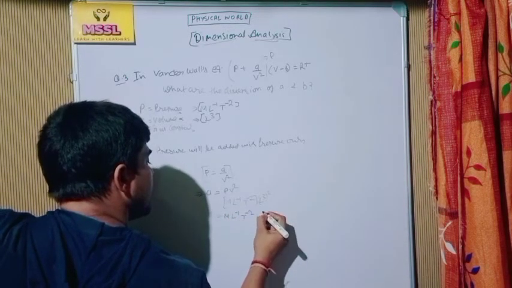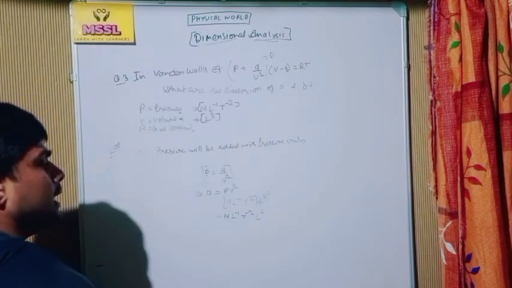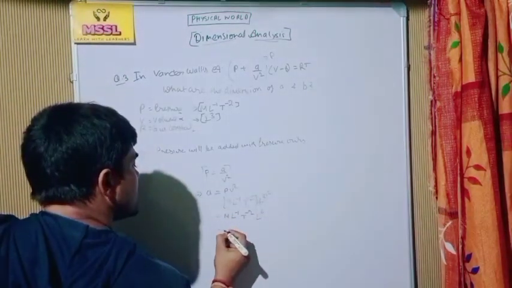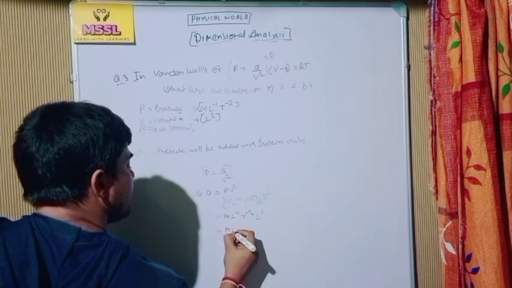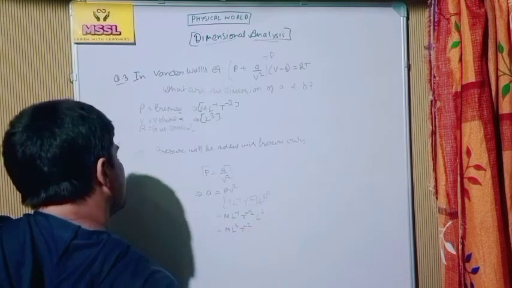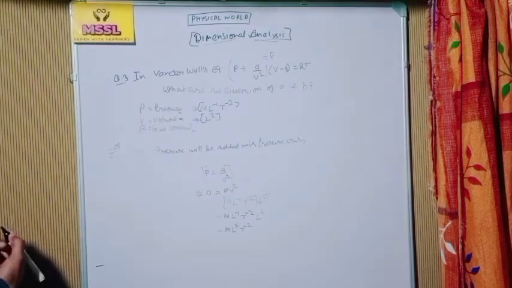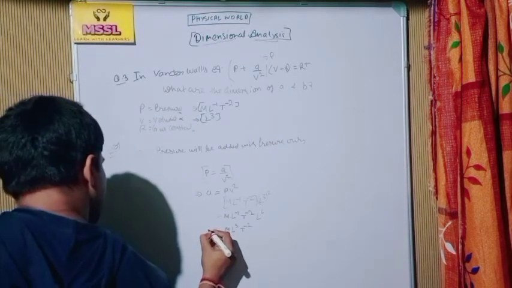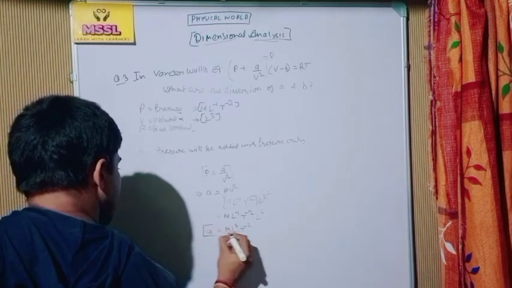And V square, so V is L cube and its square is L 6. Let's simplify this: M L minus 1 T minus 2 times L 6, so you will get M L 5 T minus 2. So from here we get the dimensions of a.